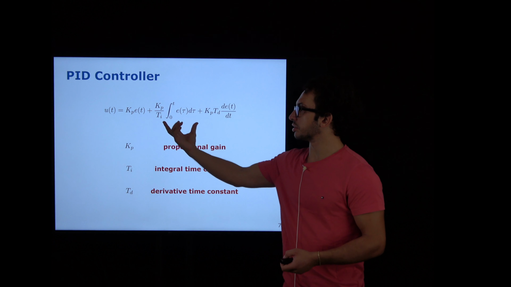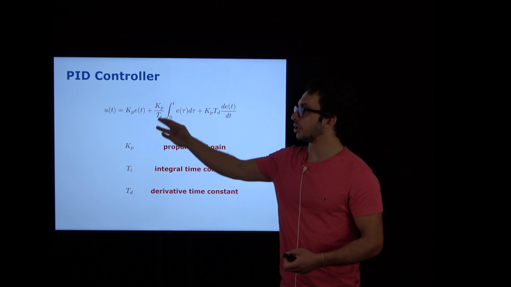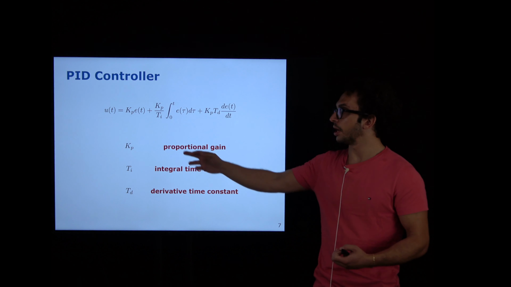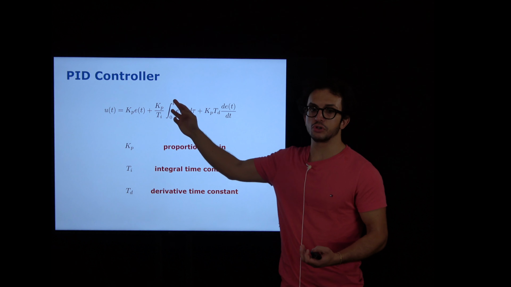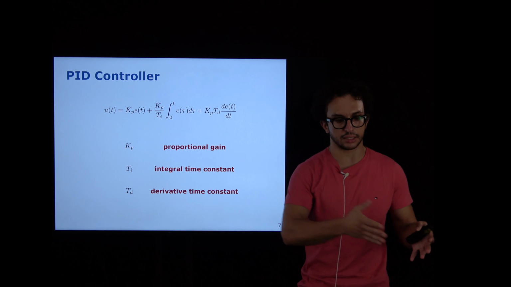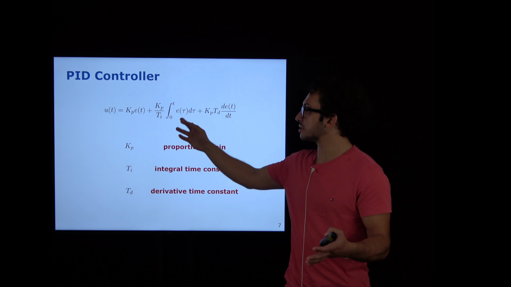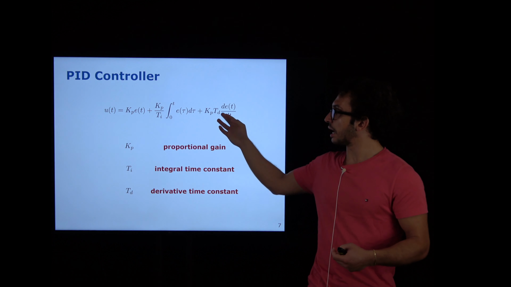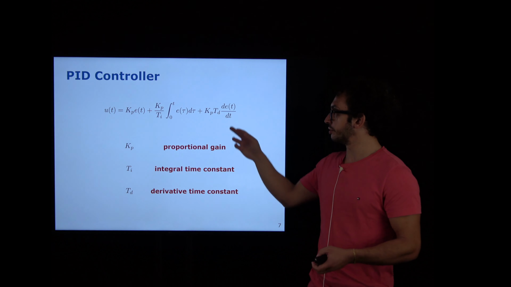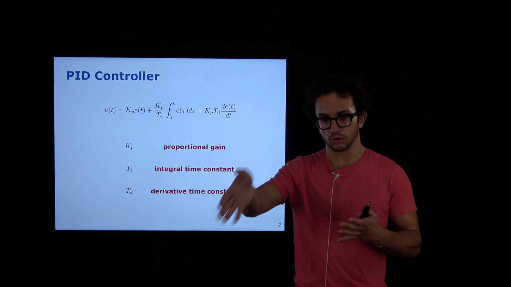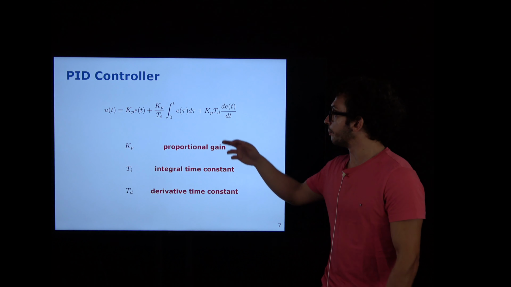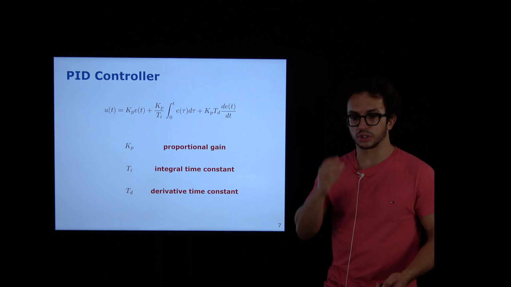Then there is this integral term, which depends on the proportional gain, but also an integral time constant. And this is the integration from 0 to t, so basically it takes into account all the past errors. And then we have this derivative term, which has the derivative of the error. And so it's like a sort of error velocity, how the error is evolving. And it also has a derivative time constant.